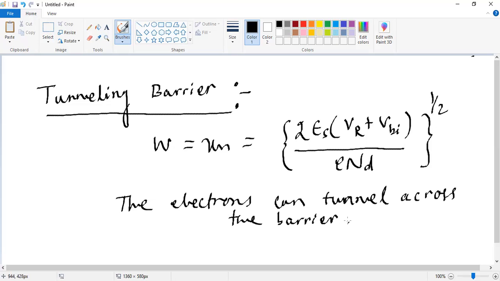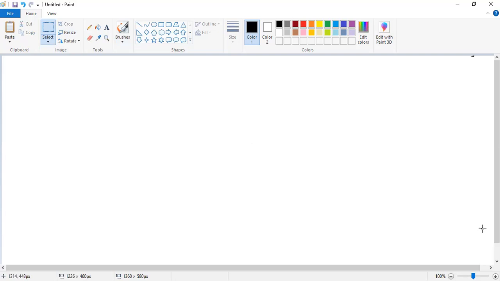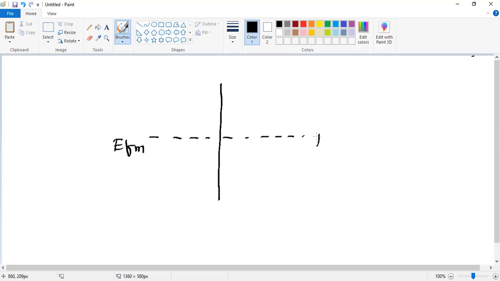So W is equal to Xn, and we have the expression from this. Now here, if we draw the band diagram, it seems like this: the semiconductor junction we got, and this is our EFM, the Fermi energy level on both sides, EFM after contact I'm showing you, and EFS.